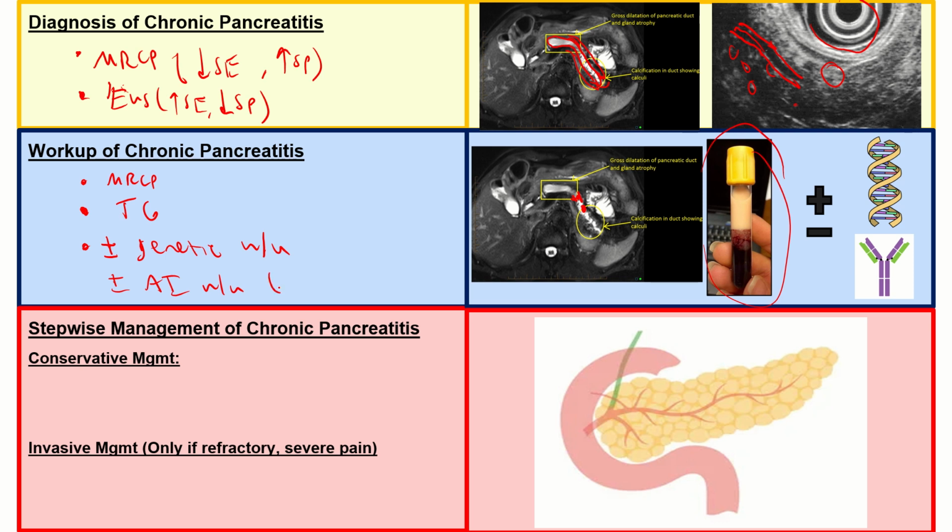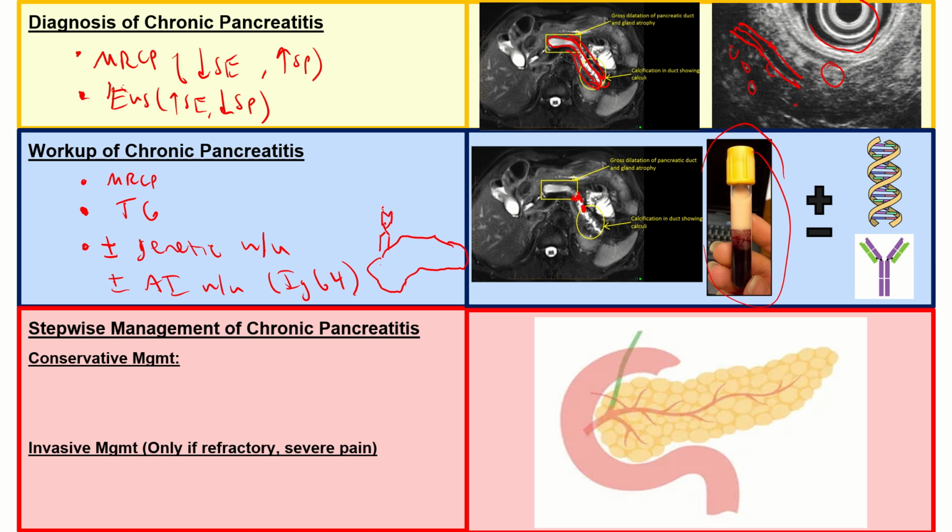For this one, specifically for IgG4 disease, things that might clue you in: these patients will have a very large, what they always called sausage pancreas, with a very edematous pancreas. They also have lesions of the bile duct sometimes that look a little bit like primary sclerosing cholangitis, so they might have strictures of their common bile duct.